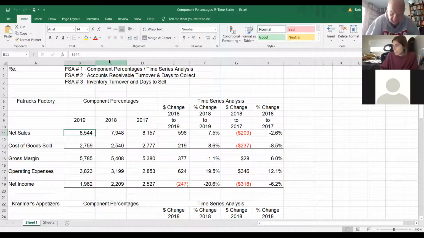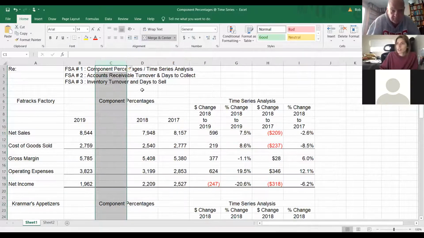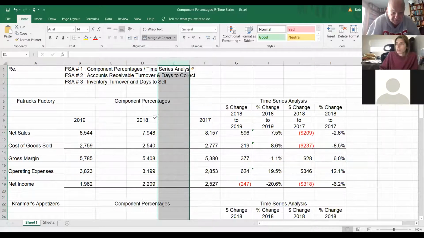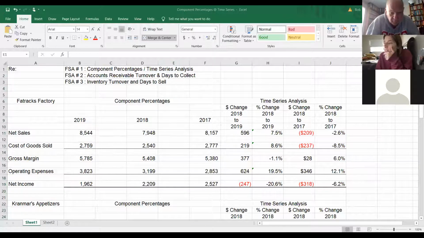Oh goodness, what is wrong with me? Give me 1 second, because I thought I fixed this. I think I do have the corrected one. Hold on.